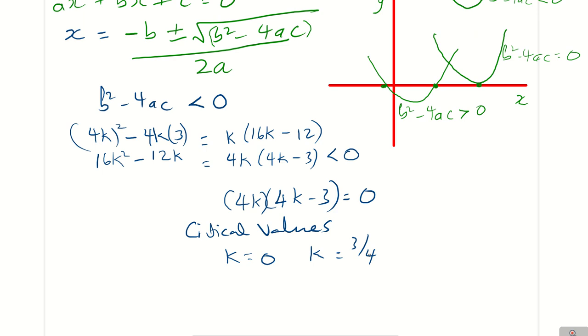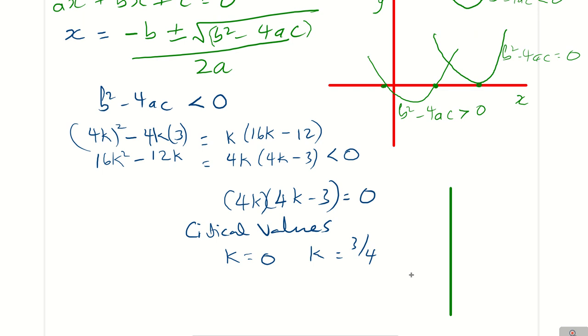So we're looking for a range of values that are going to have these values of k determining the range. The easiest way to think about this actually is to kind of draw another graph.